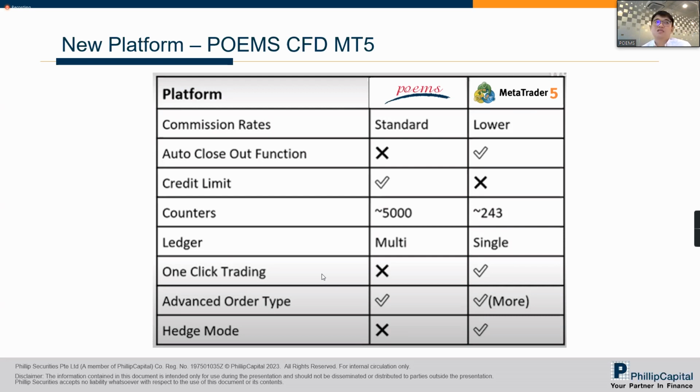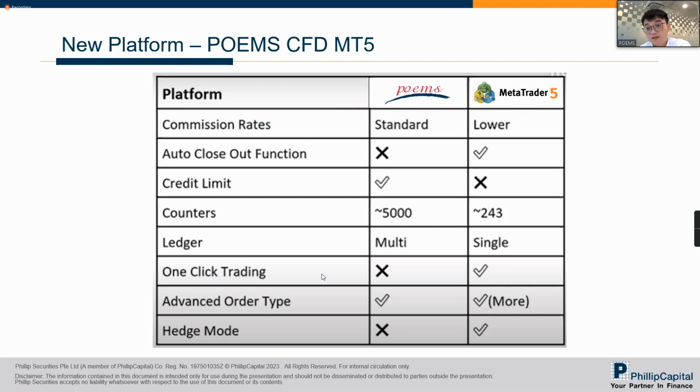Hedging mode means that, let's say you want to open a buy position for SIA. You open a buy SIA in the Poems platform, you cannot open a sell. You can only sell the position.